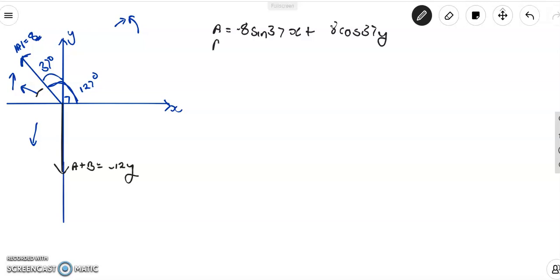So A is equal to, make sure your calculator is in degrees, 8 sine 37. A is equal to minus 4.8x plus 8 cos 37, which is 6.4y.